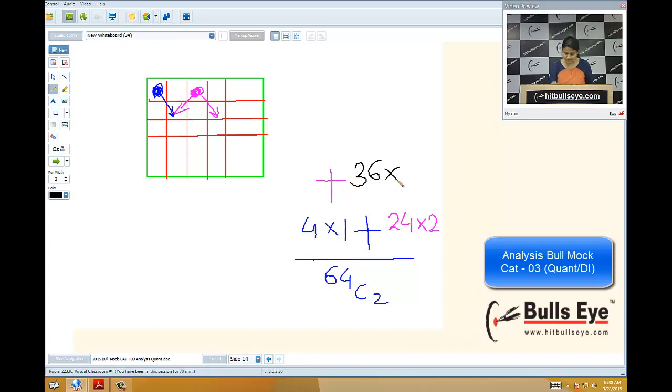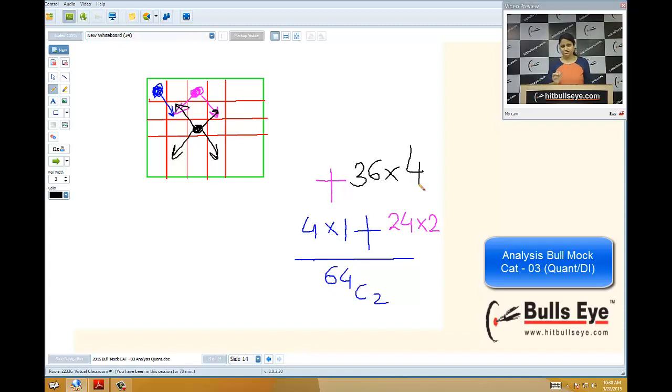So 36 into, for example, I am taking this interior square, and for this these many choices are possible. That's why I'm writing 4: 36 into 4.